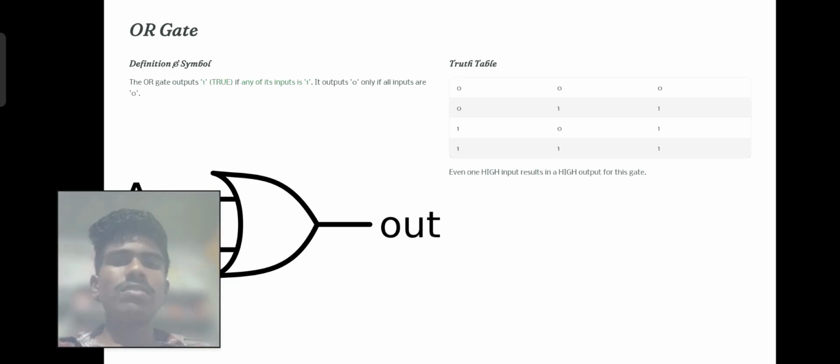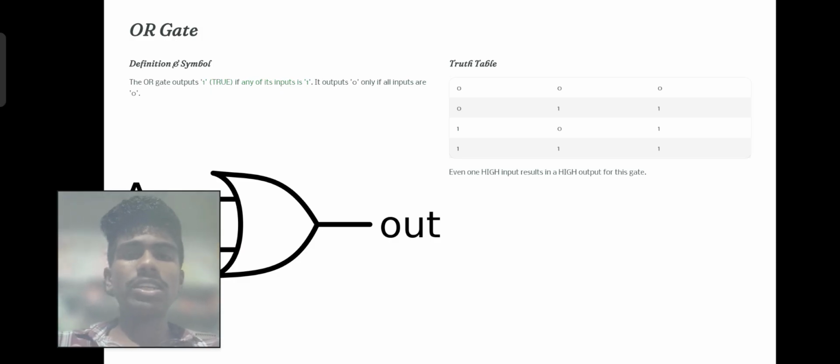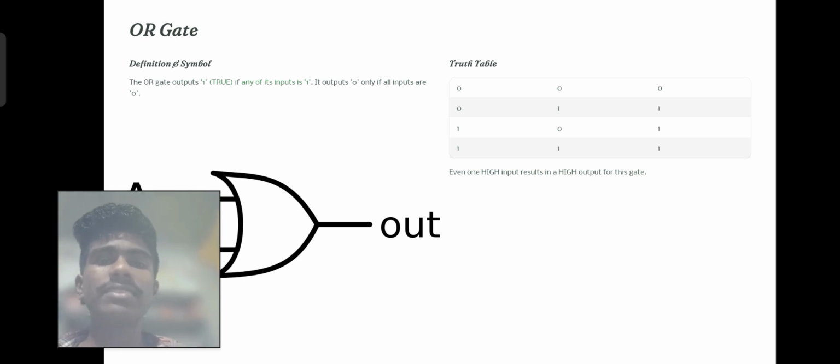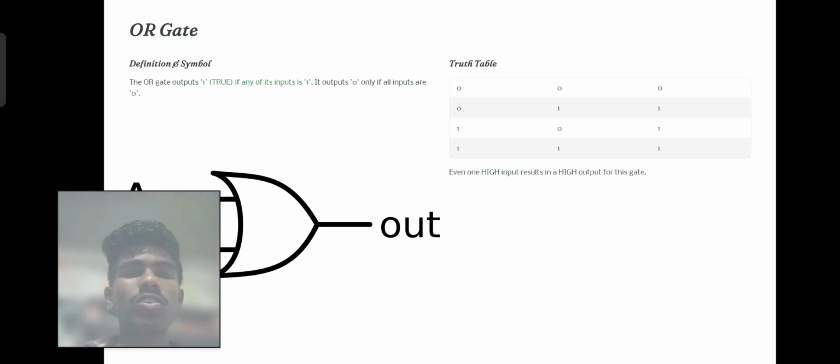OR gate. Like an AND gate, an OR gate may have two or more inputs, but only one output. The output assumes the logic 1 state even if one of its inputs is in the logic 1 state. Its output assumes the logic 0 state only when each one of the inputs is in logic 0 state.